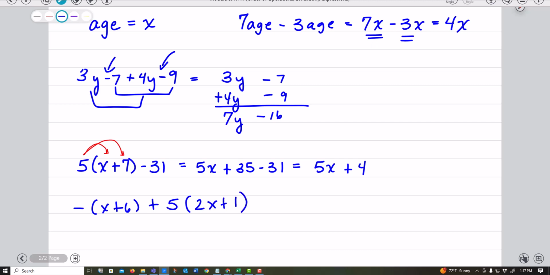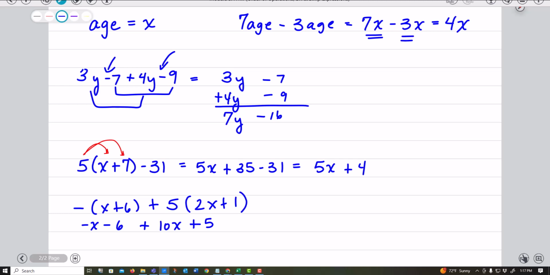You can think of this negative as a negative 1, but as you're distributing it, negative 1 times x, negative x, negative times a positive 6, negative 6. And then here, distributing 10x, and then plus 5.